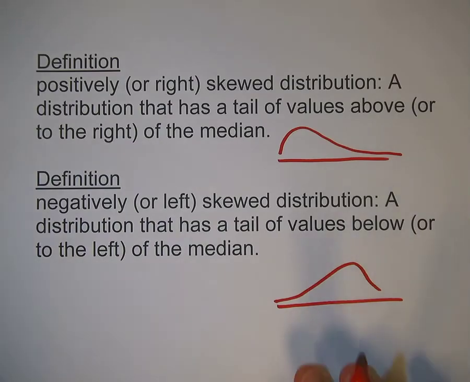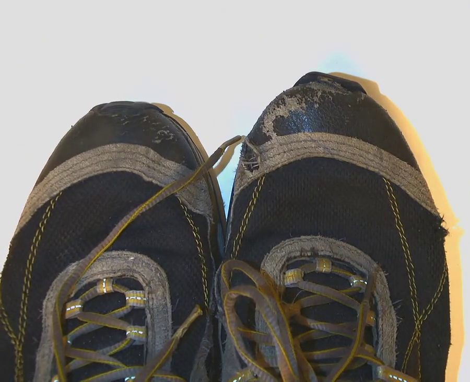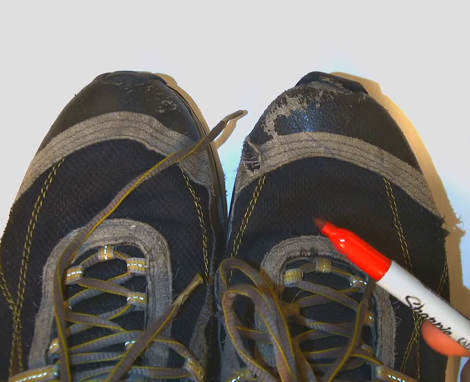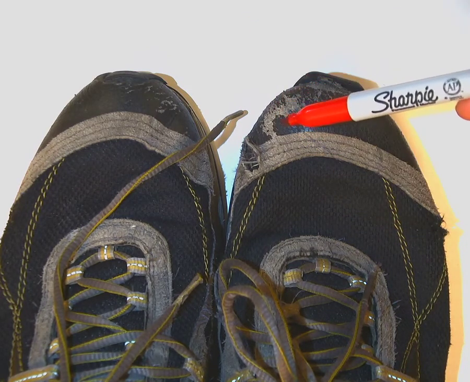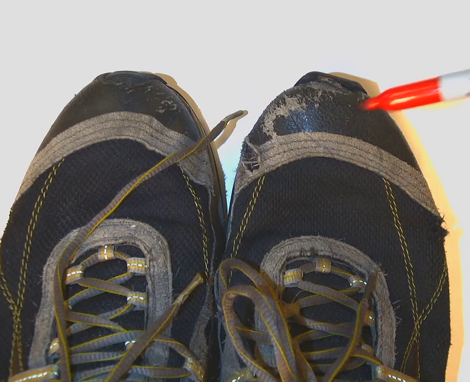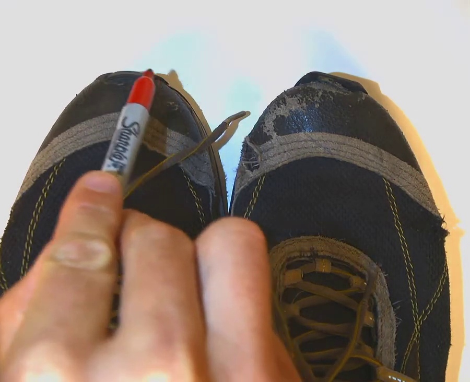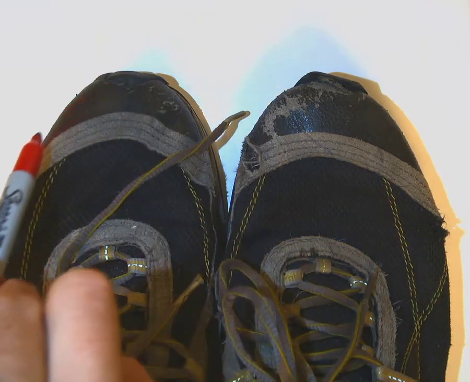One kind of fun way to remember which direction is the skew is you look down at your feet. If we want a right skew, this is my right foot here. If you think about the big toe almost as the cluster, it's going to trail off toward the pinky toe. So this would be a right skew on the right foot. If we look at the left skew, again, the big toe is the cluster. It's going to tail off toward the pinky toe.